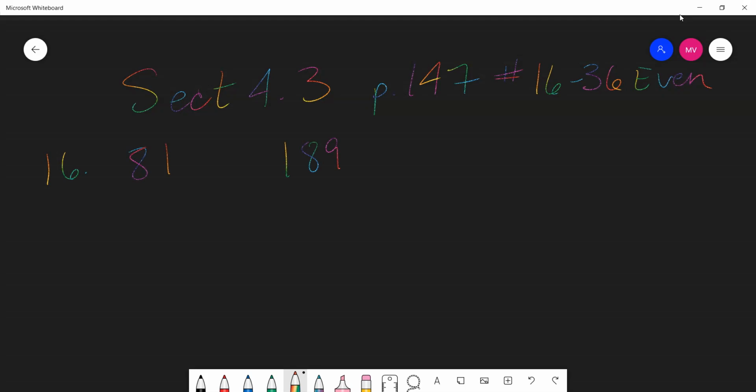I would take a wild stab that possibly 9 is our greatest common factor. I like to guess, that's just me, and then work it out and see how close I am to being right. We know that 9 times 9 is 81, and we know that 9 divides evenly into 189 because 1 plus 8 plus 9 is 18, so 9 goes into that. But let's see how we did.